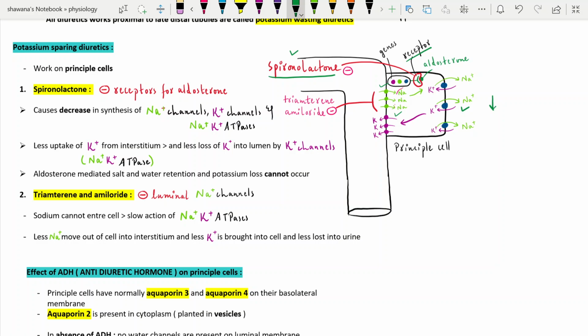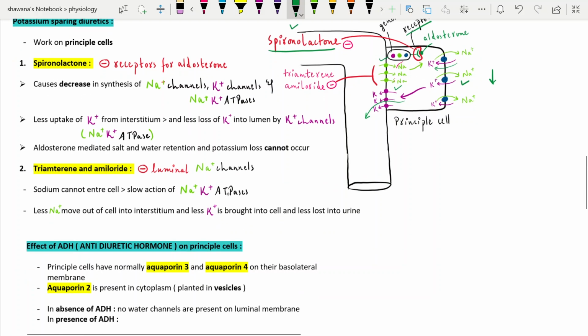So the sodium cannot be reabsorbed. Sodium cannot be thrown out of the cell by the sodium potassium ATPase, and potassium cannot be taken in by the sodium potassium ATPase. So less potassium is lost into the urine by the potassium channels. It means that spironolactone, the potassium sparing diuretic, will prevent the potassium loss into the urine indirectly.